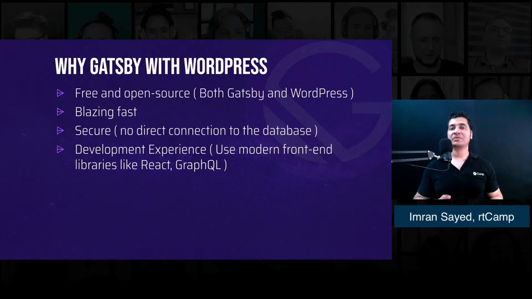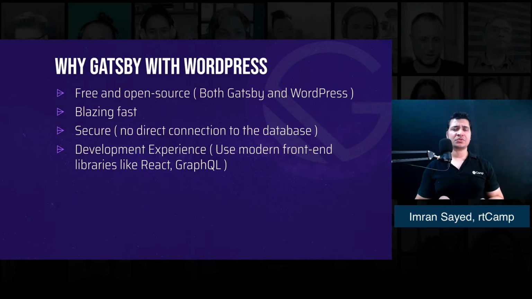Because we are using a plugin called WP GraphQL, it also allows you to use a graphical playground in WordPress where you can write your queries and make sure they're working perfectly fine before you actually place them onto the front end. I'm going to give you a demo of that just in a while.